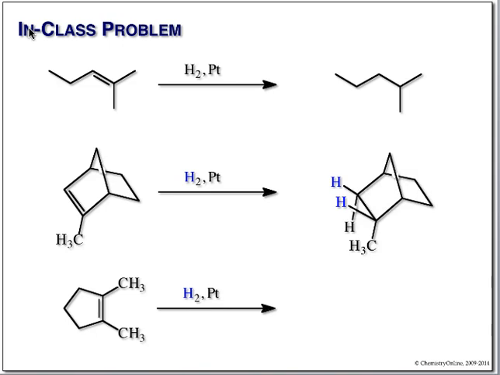And finally, we have two methyl groups in our cycloalkene. Hydrogens must go on the same side. Therefore, we get this as our product. Two hydrogens on the same side.